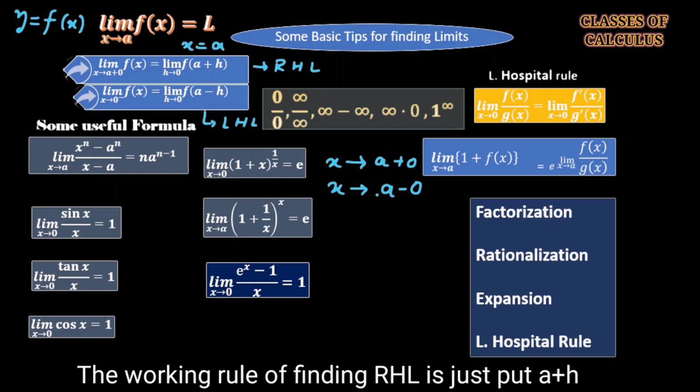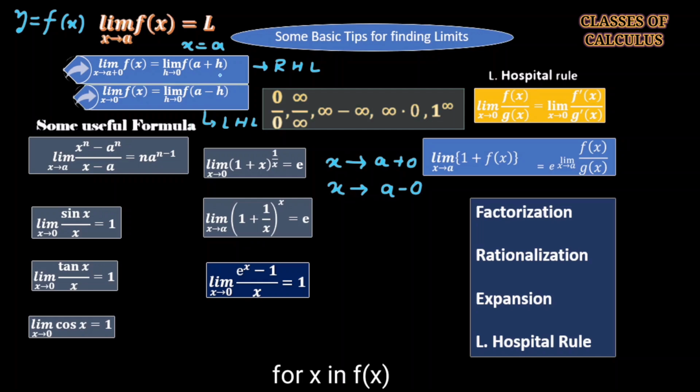The working rule of finding RHL is to put a plus h for x in f(x), and in case of LHL put a minus h in place of x.